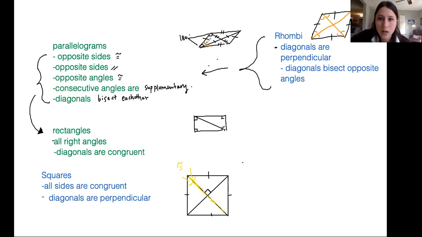Okay, they would be alternate interior. They would be the same if they were alternating, but not next to each other. Like these two angles would be different. And so two new things that we know about a rhombus is that diagonals are perpendicular and diagonals bisect opposite angles. So let's take a look at our study guide.